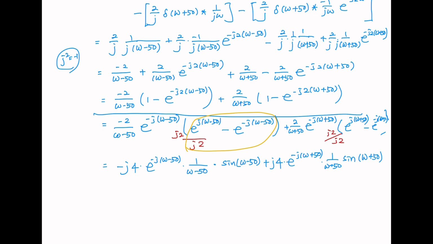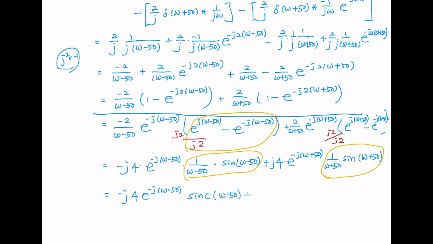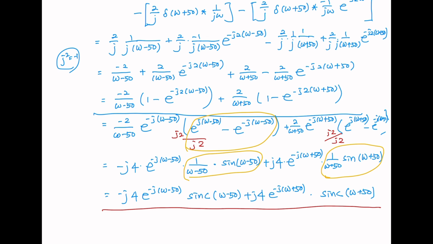Now combining these two, we'll have negative j4 e to the negative j omega minus 50 sinc omega minus 50 plus j4 e to the negative j omega plus 50 times sinc omega plus 50. That is the simplest form we can get.